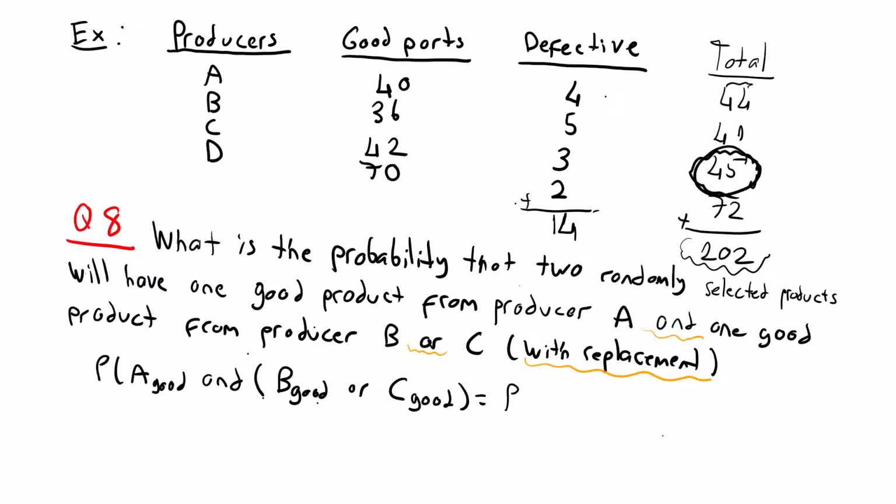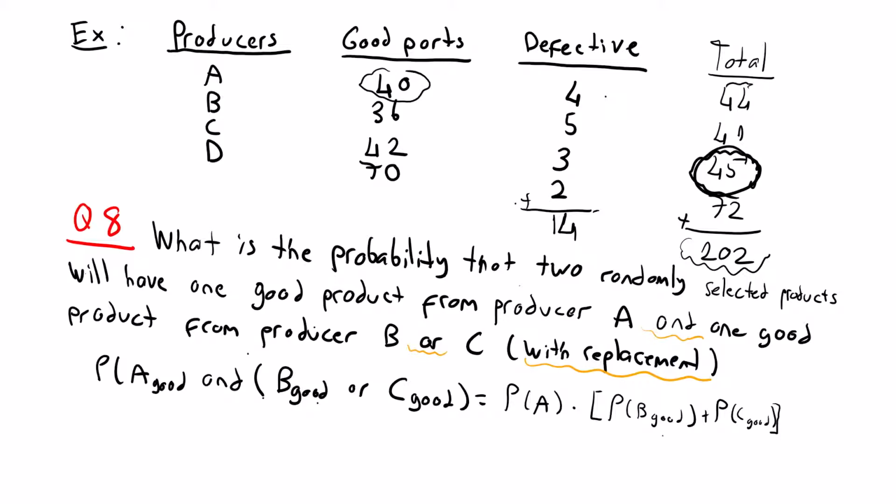Okay, so that means we're looking for PA times the brackets PB good unit plus PC good unit, and that's the bracket. Okay, all right, so the probability of selecting a good part from producer A is what?